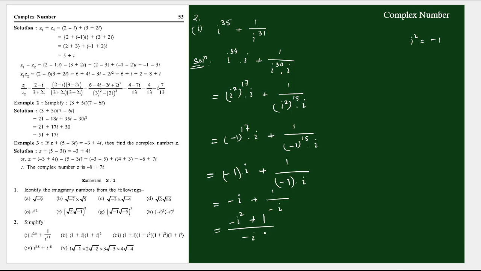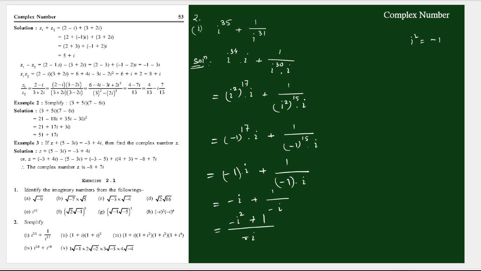What else can we do? Okay, i squared plus 1. We have denominator minus i. We will get 2. Wait, we need to remove this one.